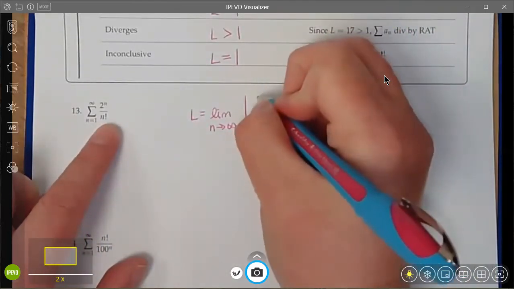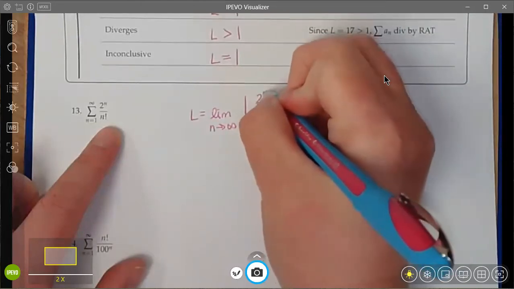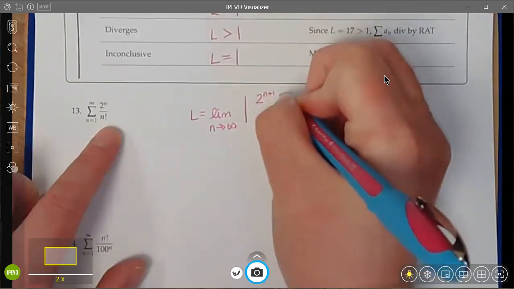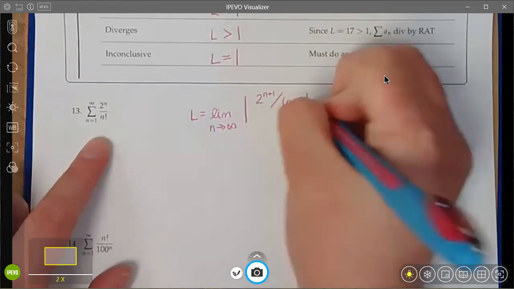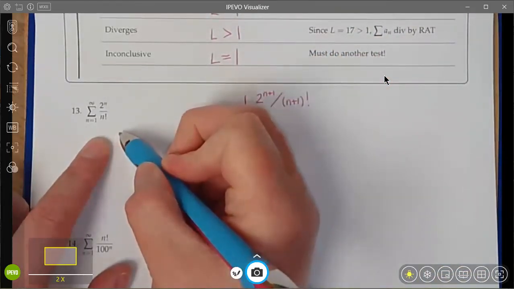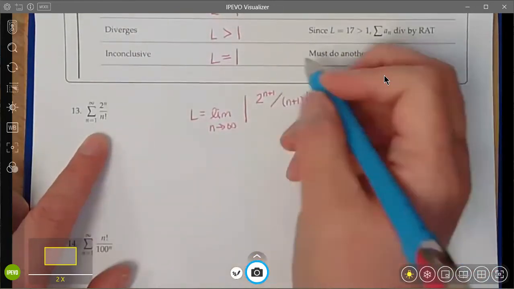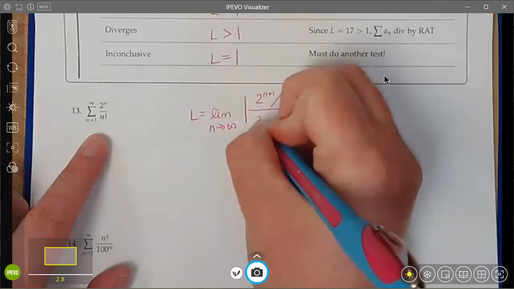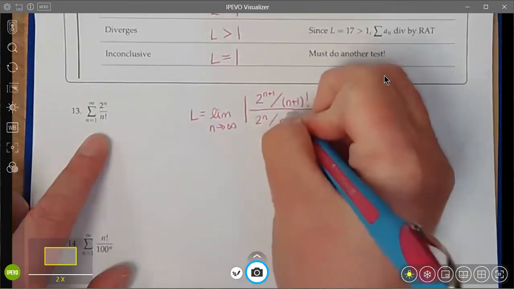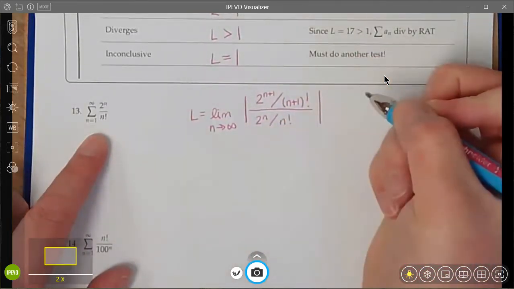So that's going to be 2 to the n plus 1 over n plus 1 factorial. So I've taken my formula here and I've replaced all of the n's with n plus 1. And I'm going to divide that by 2 to the n over n factorial, with the absolute value bars.